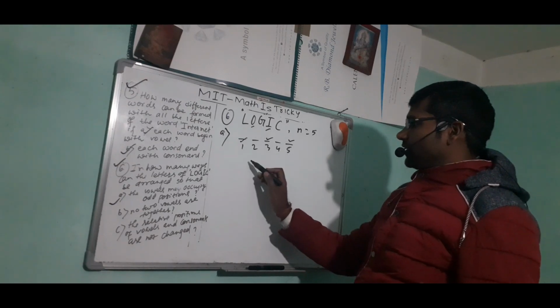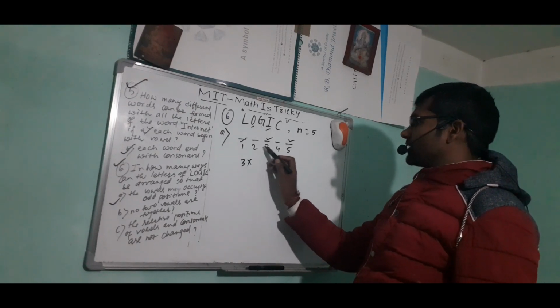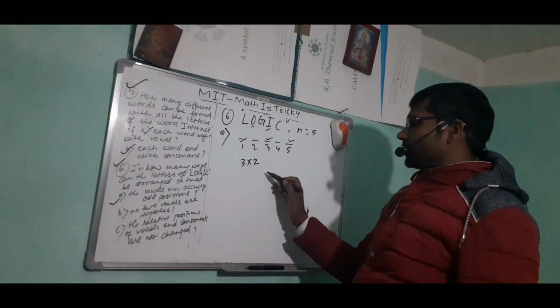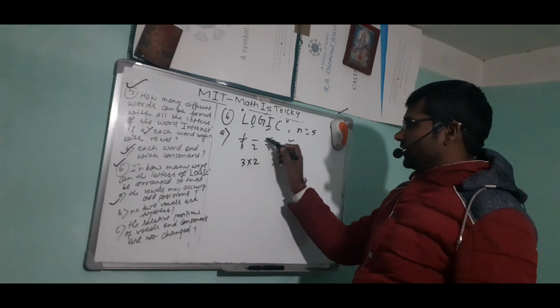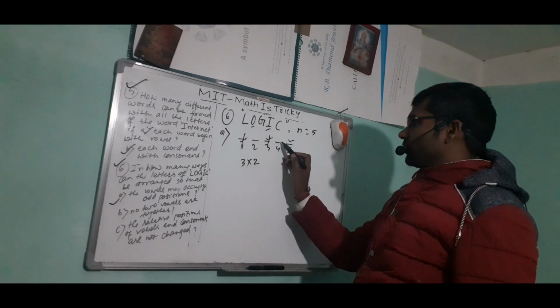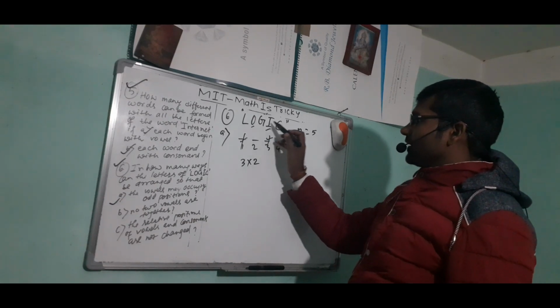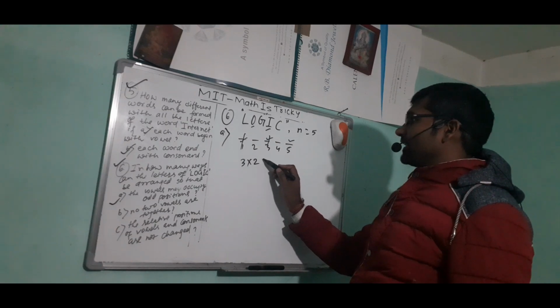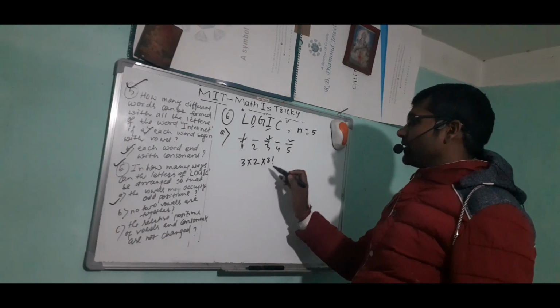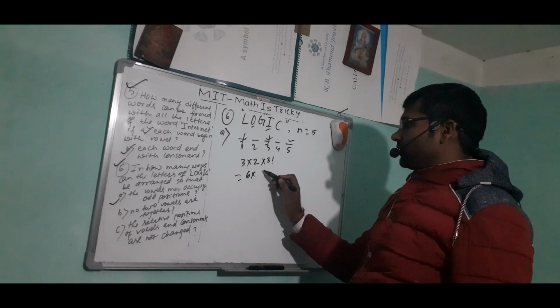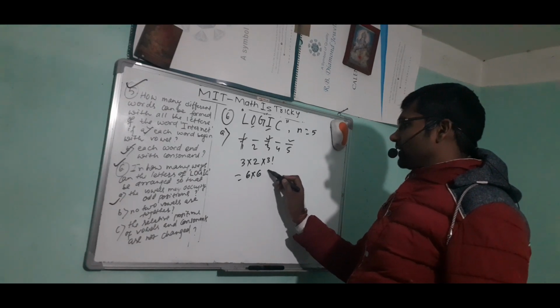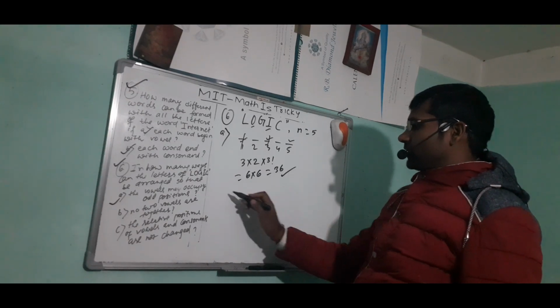So for the first vowel there are 3 choices, for the second 2 choices. So we have kept 2 places, and the remaining 3 places can be occupied by 3 consonants in 3 factorial ways. So it is 6 into 6, it is 36.